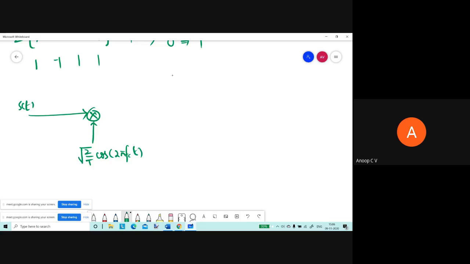So S of t you will multiply with root 2 by t cos 2 pi FCT. You should remember S of t is either plus or minus root 2 EB by t cos 2 pi FCT.